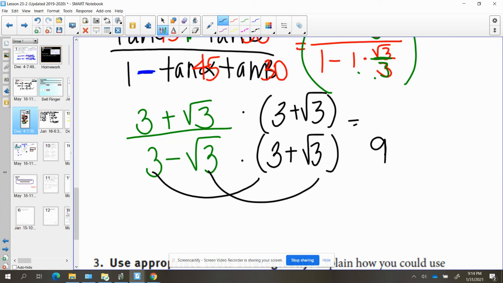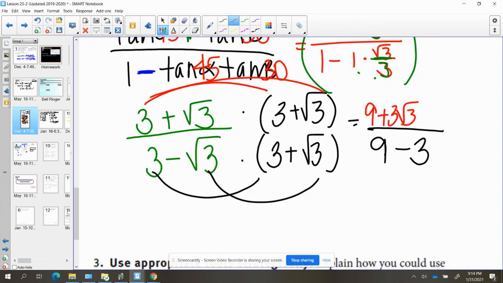So we end up with 9 minus 3. And then in our numerator, we have a little bit longer route because they're not conjugates, so we'd have to double distribute. So we end up with 9 plus 3 square root 3. And then when we distribute the square root of 3, we end up with another 3 square root 3 plus 3. When we multiply square root of 3 times square root of 3, it's just 3.